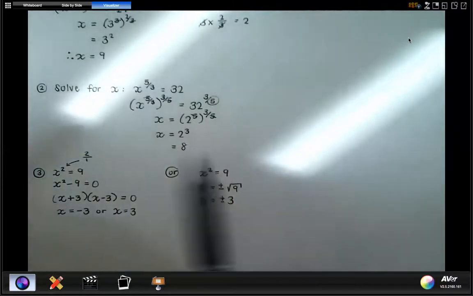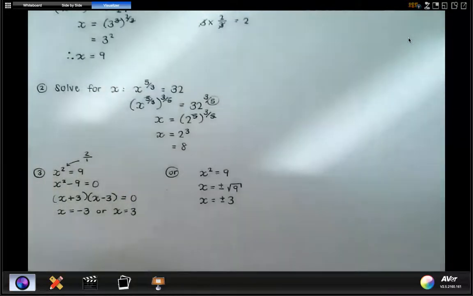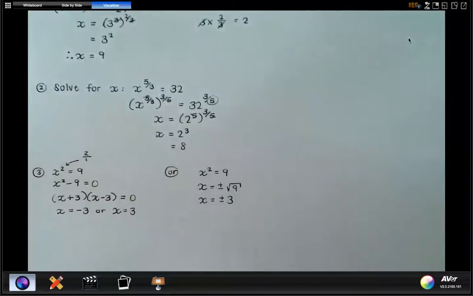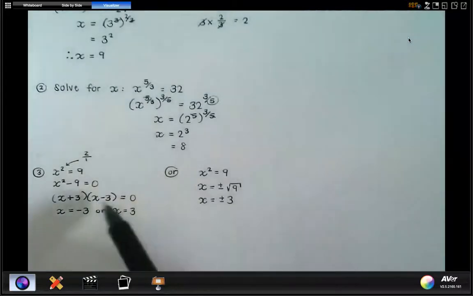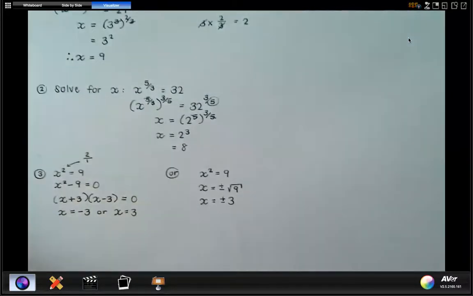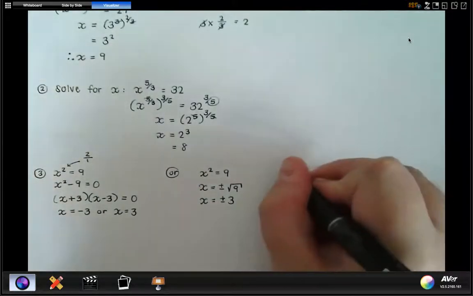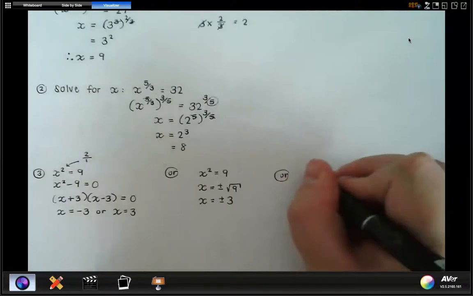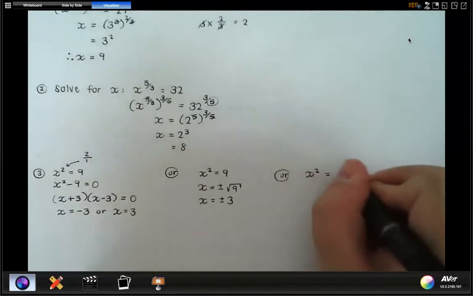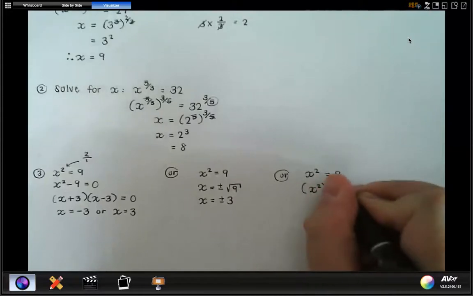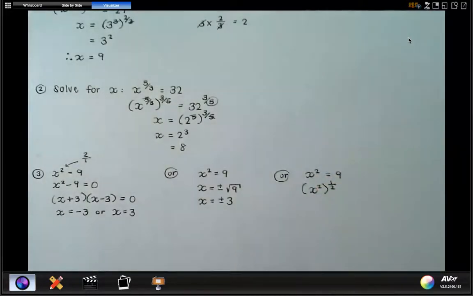So I hope that it's clear from these 2 methods that I've shown you, which we already know and have used before, that we are supposed to get 2 answers from this equation. Now, if we wanted to use the method that I've shown you up here, if you have x squared equals 9, in order to cancel out that 2, you would have to raise it to the power of a half, right?